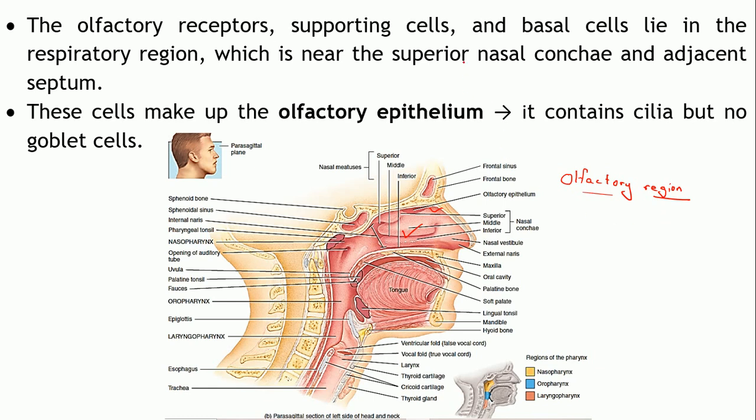So, this lies near the superior nasal conchae, that is over here, and the adjacent septum. So, it comprises the olfactory receptors, supporting cells and the basal cells. So, these are present in this particular region. These cells together comprise the olfactory epithelium.